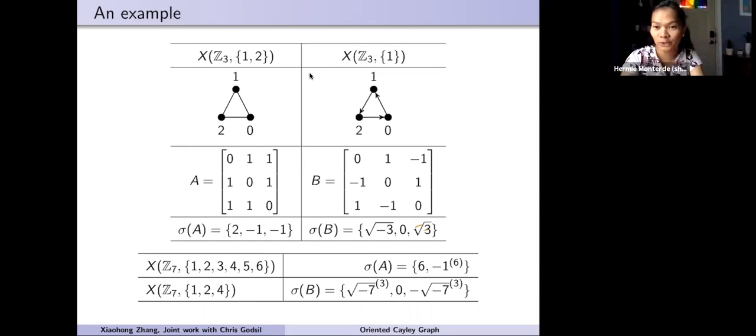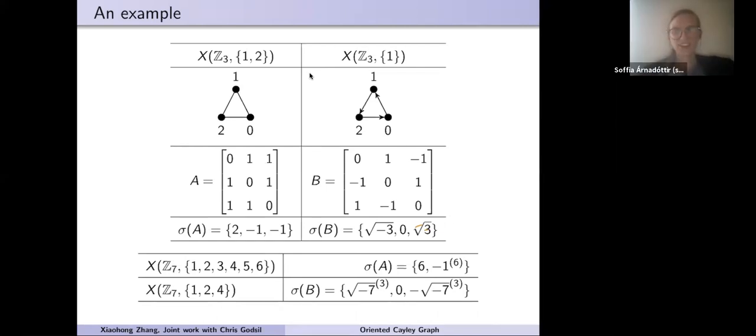Are there any more questions then? Sophia, your favorite Cayley graphs. Do you have a question? I've never seen anything done on oriented Cayley graphs really. So I think it's very interesting, but I don't have any good questions.